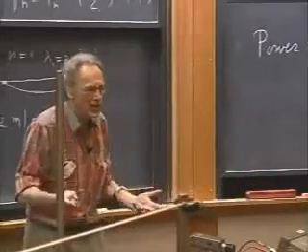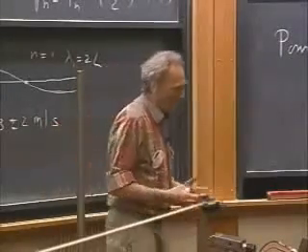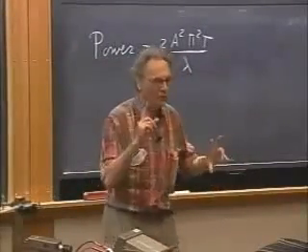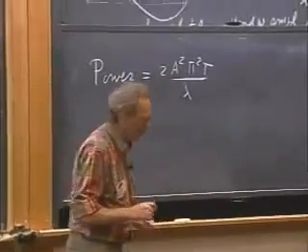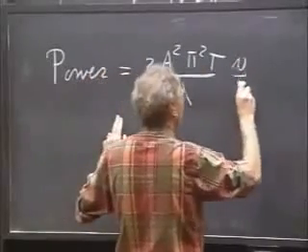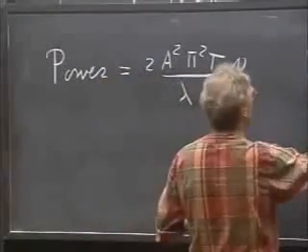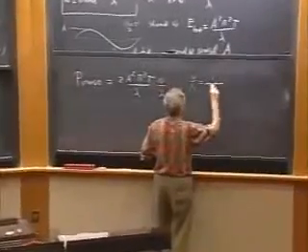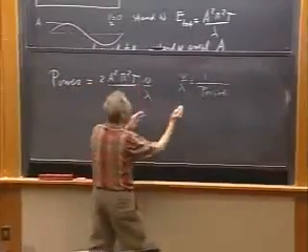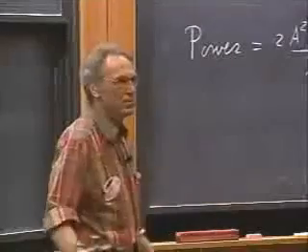And the period of the oscillation is the same as 1 over the frequency. And 1 over the frequency is lambda divided by v. So therefore the power is simply the energy that I'm generating divided by the period of one oscillation. Energy divided by period, the time that it takes to make one oscillation, is per definition power.